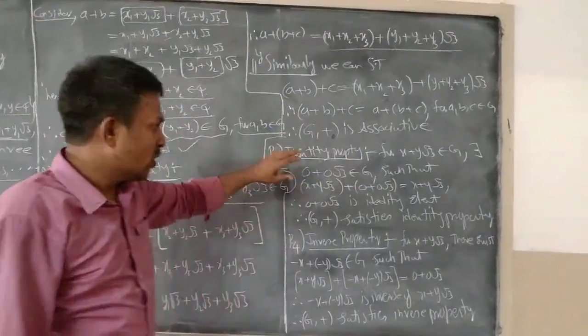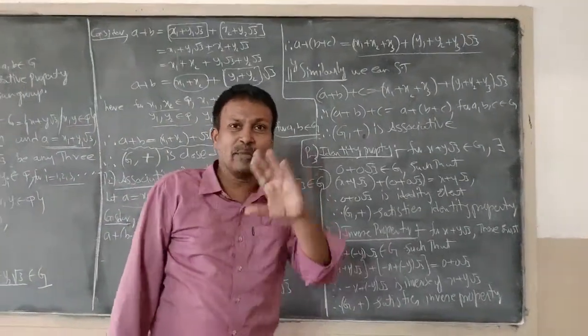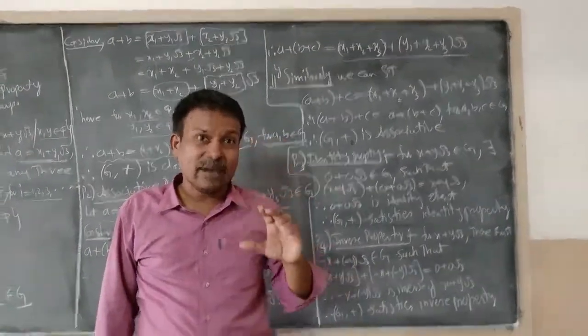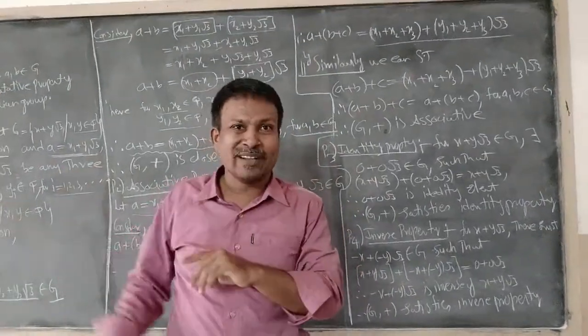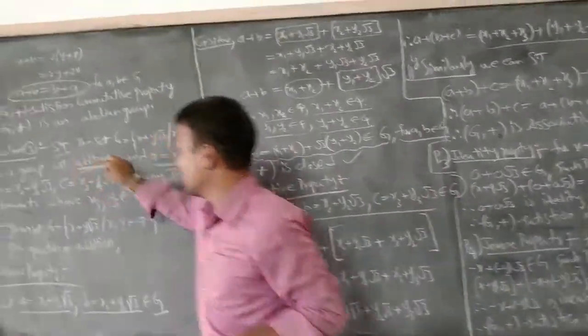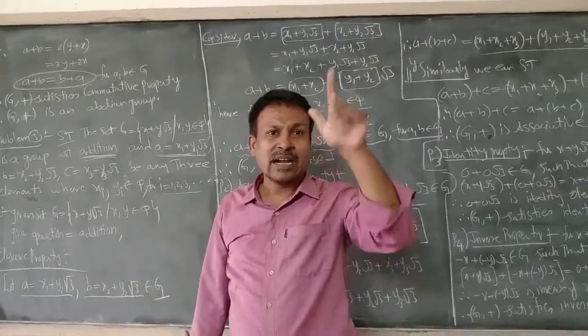I already told you that we should be very cautious while proving identity property. That is, in set G, we have to search for the identity element with respect to the given operation. Observe carefully, the given operation is addition. We generally know that with respect to addition, 0 is the identity element.